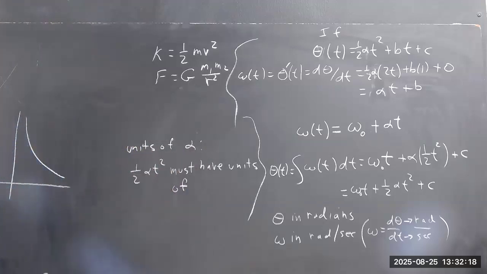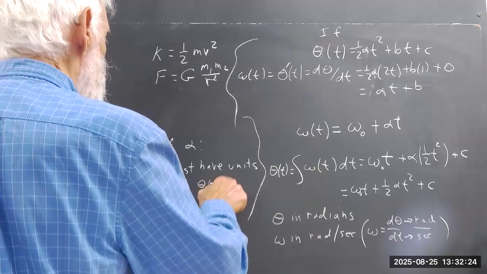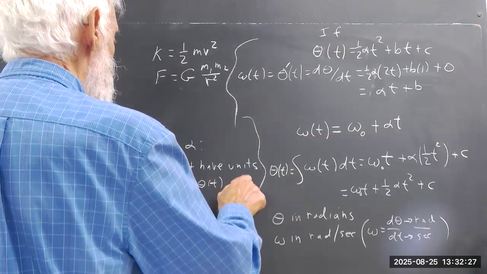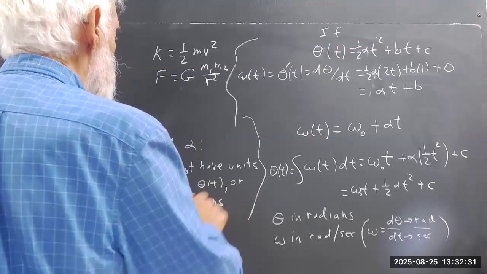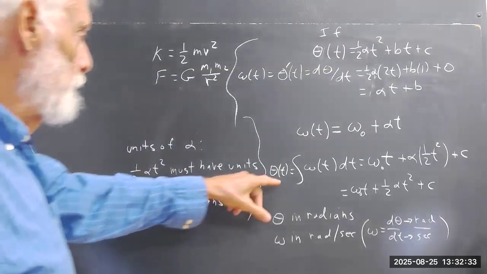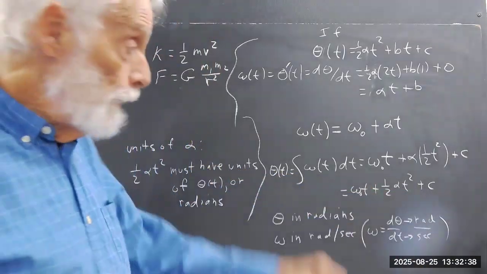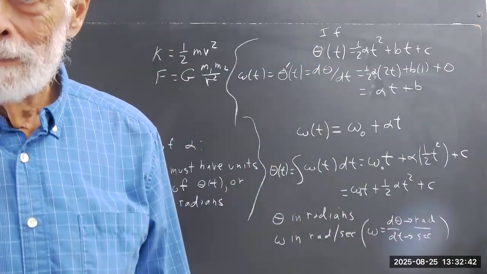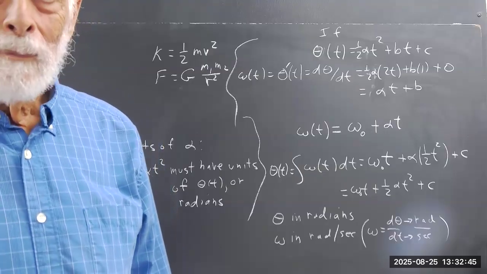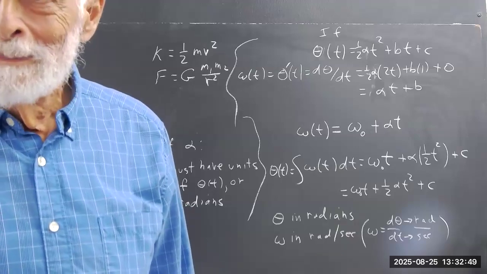One half alpha t squared must have units of theta of t, because theta of t is a sum of three terms. Each of those terms has to have the same units or you can't add them. You can't add miles to kilograms.